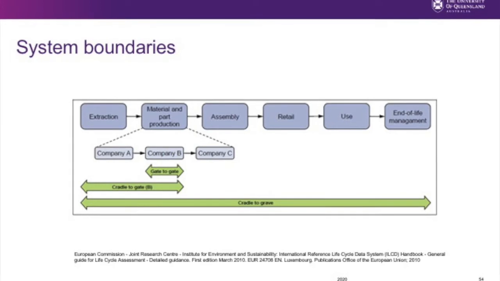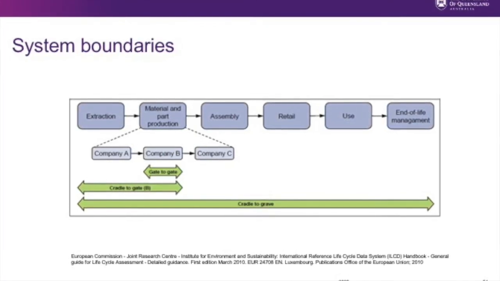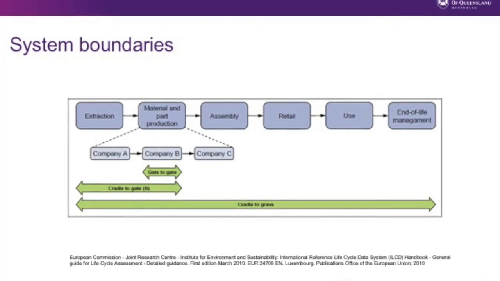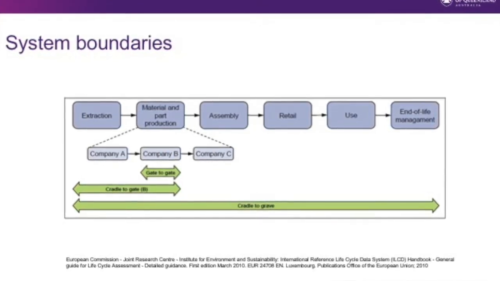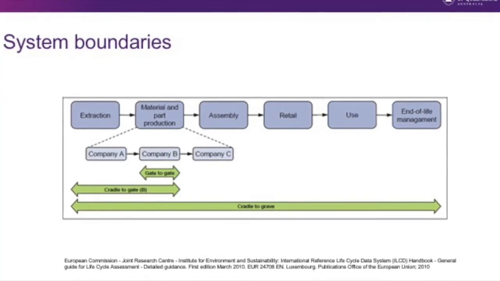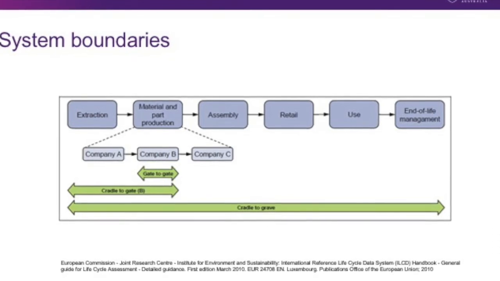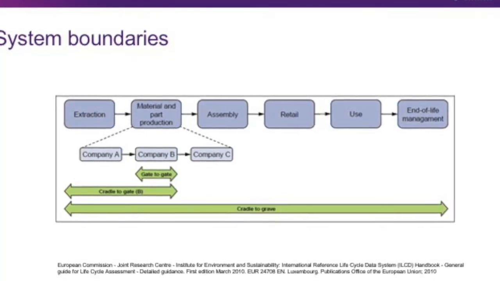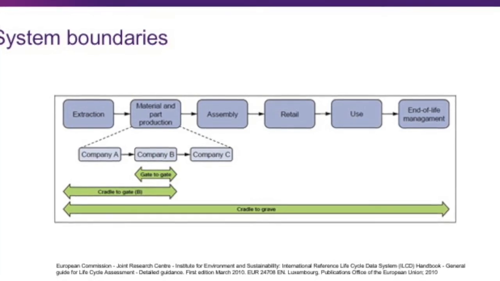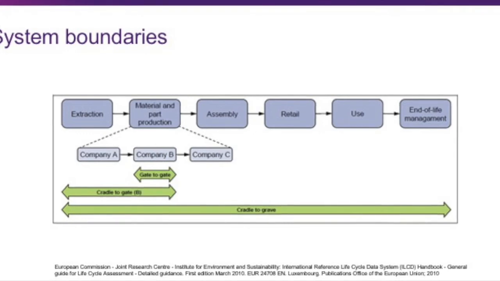And if we just consider one of the sections of this overall process, we say that it is from gate to gate, our system boundary. All right. There can be other steps in between, but this is a general overview of all the phases of the process that we need to consider in our LCA analysis.